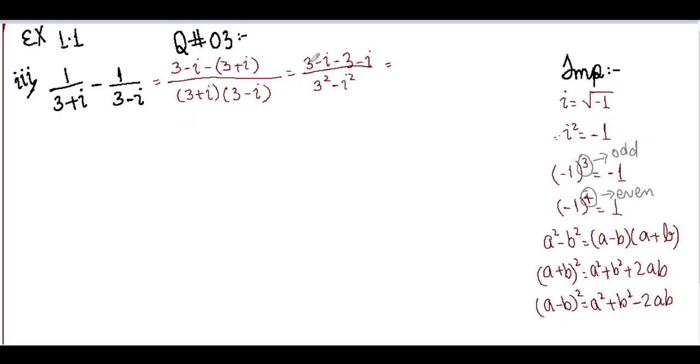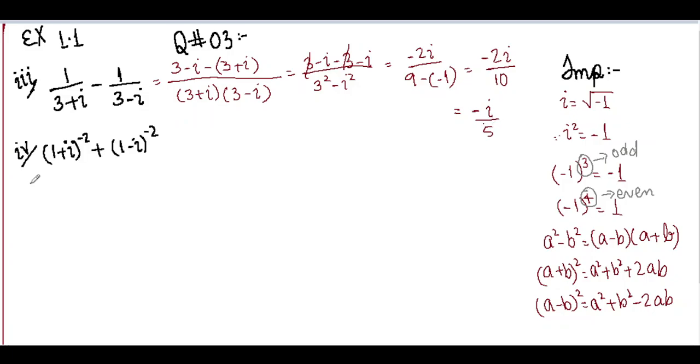So we get 3 and minus 3 are cancelled, and minus iota gives us minus 2 iota, whole divided by 3 square gives us 9 and minus iota square gives us minus 1. Why do we write iota square as minus 1? Yes, it's simply this information. So minus 2 iota, whole divided by 9 plus 1 gives us 10, and 2 and 10 are cancelled, so we get minus iota, whole divided by 5.